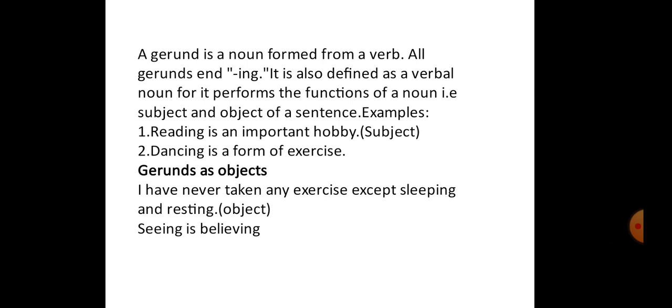The object of a verb, walking, here is the gerund, which is the object of the verb what? Enjoys. Which is the object of the verb enjoy. Please take note of my sentence. My mother enjoys walking early in the morning. A verb there is enjoys, while the object of the verb here is walking, gerund.